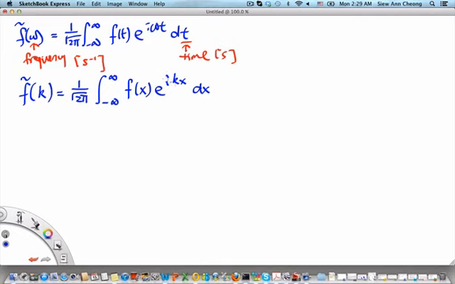So we don't change any sign, we just replace t by x. So this is now space, and k is the wave number. So x replaces t and k replaces omega.